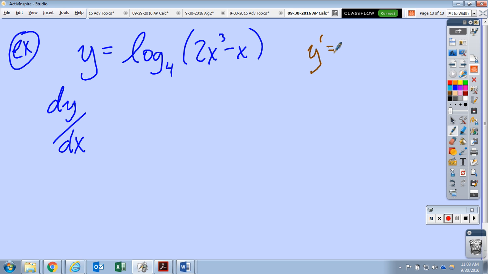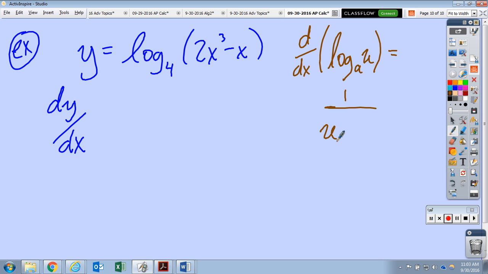If we're going to do that, we're going to write the whole thing: d over dx of log base a of u equals 1 over u ln a, the natural log of a, times the derivative du over dx.